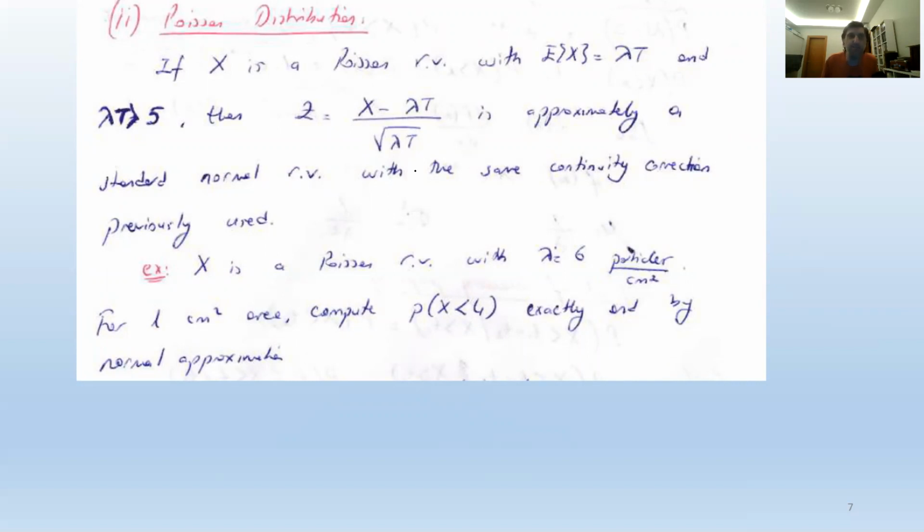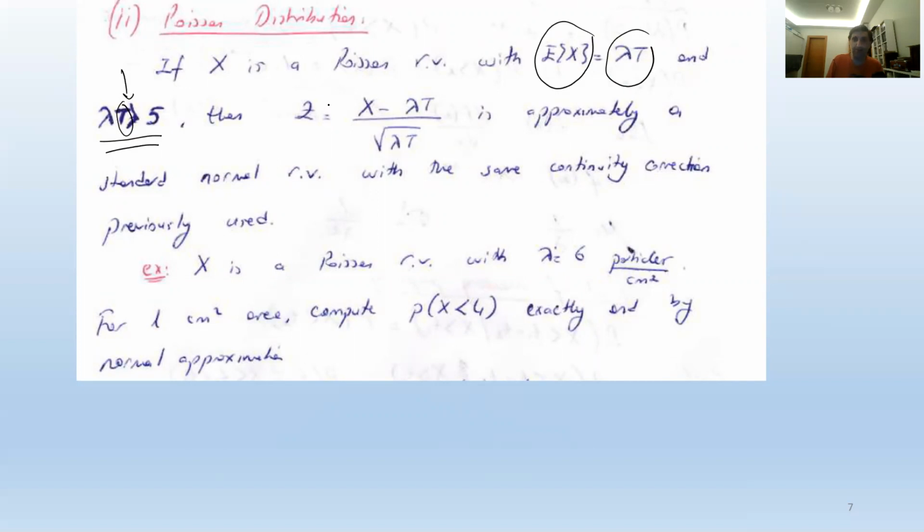The idea is very simple. If the expected value of the Poisson random variable, which is equal to lambda times t, is greater than 5, so we are talking about a certain time range for which the expected number of outcomes is greater than 5, then we may use the normal approximation.